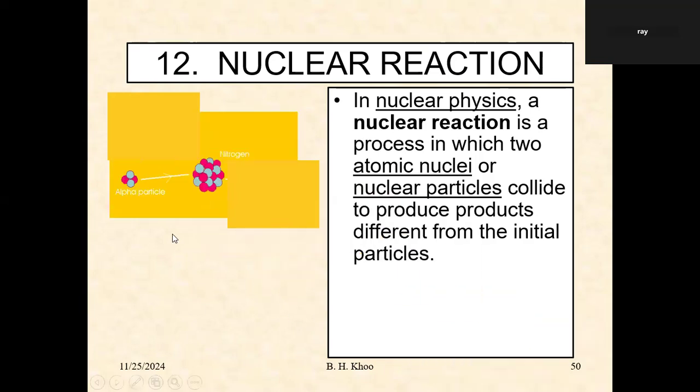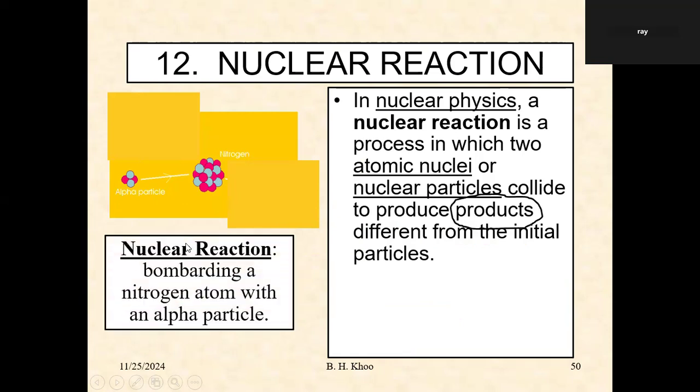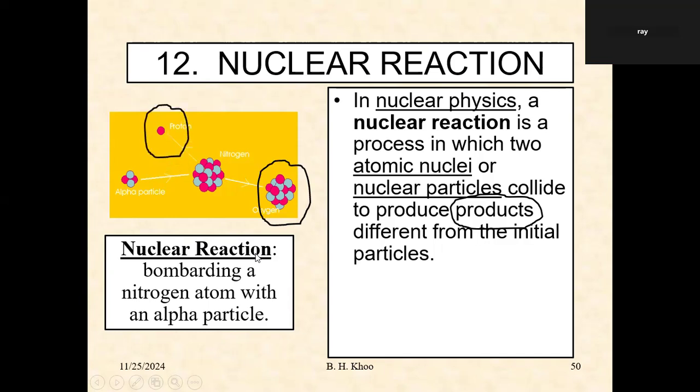Example, we have alpha. You send alpha to collide with nitrogen. What are the products? Bombarding a nitrogen atom with an alpha particle, the products are oxygen and a proton. So this is an example of a nuclear reaction.